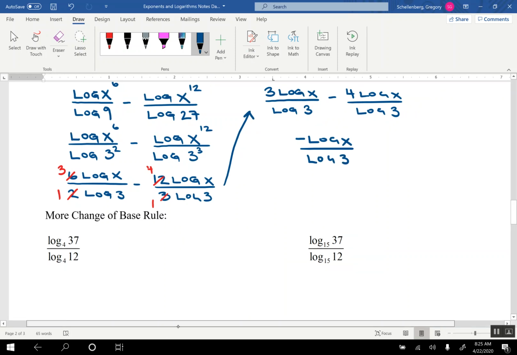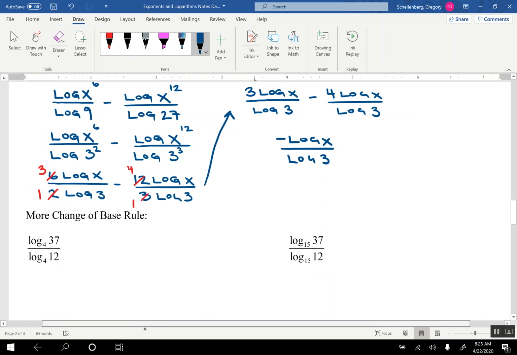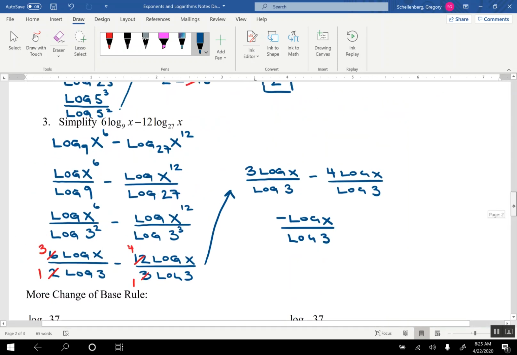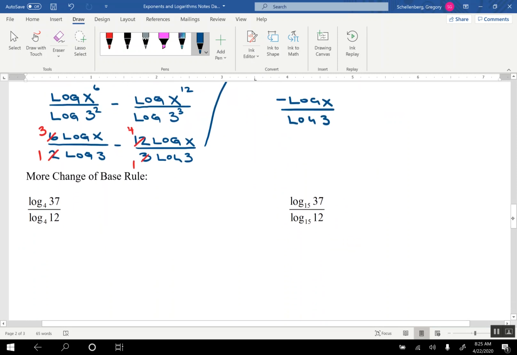There are all sorts of different ways that we can write this. What are we being asked to do here? Just to simplify. It would be okay to leave it right like that, negative log x divided by the log of 3. But let's go a step further here. We're going to use change of base in reverse. So I can rewrite this as the negative of log base 3 of x.